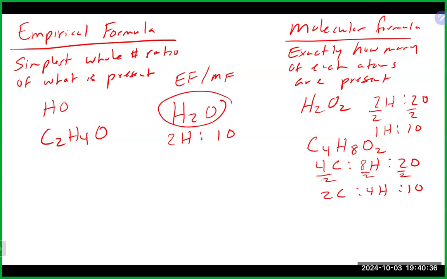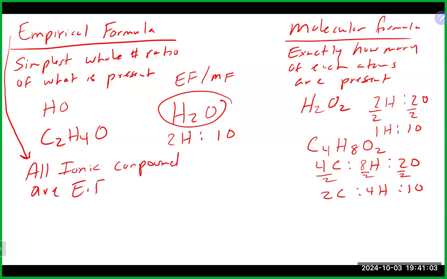Now, empirical formulas are the ones that are very easy to determine through experiments. Again, like experiment 7, you weigh the mass at the beginning, weigh the mass at the end, do some calculations, and you can very easily figure out empirical formulas. All ionic compounds are empirical formulas.